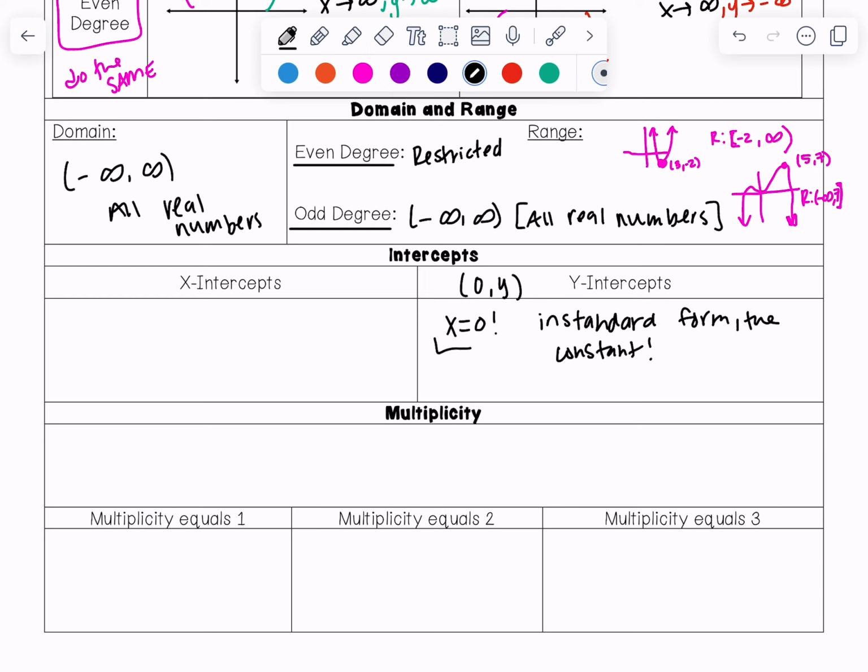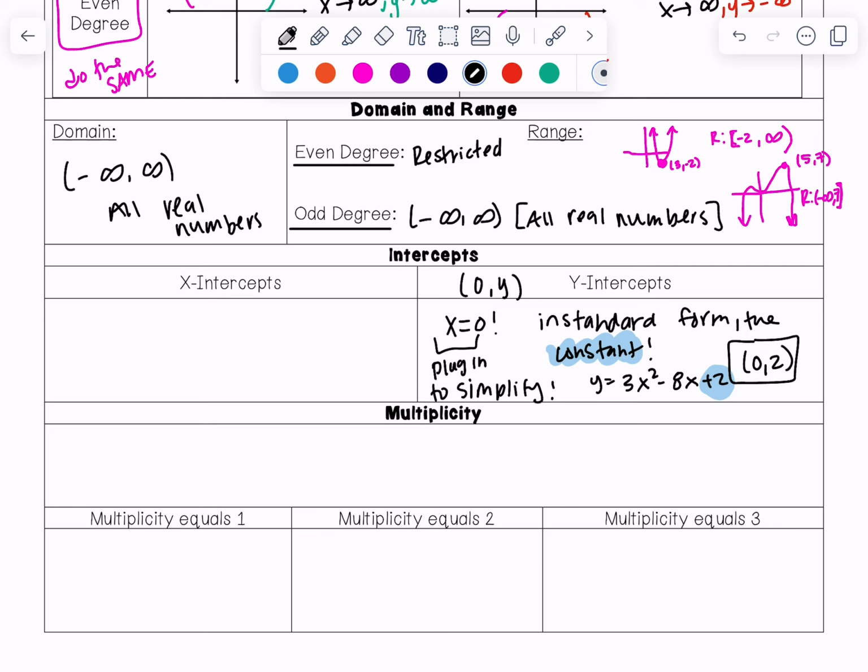Or you can always plug this in and find it. So say that I had y equals 3x squared minus 8x plus 2. My constant is the number without an exponent, and so therefore my intercept here would be 0, 2. That's a really great example for us there.